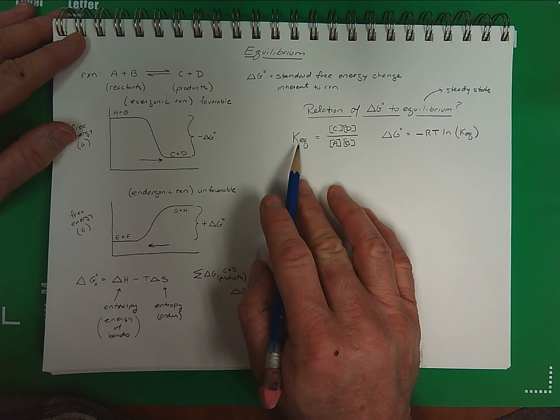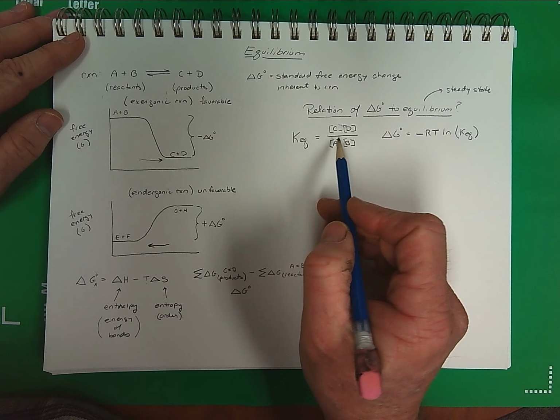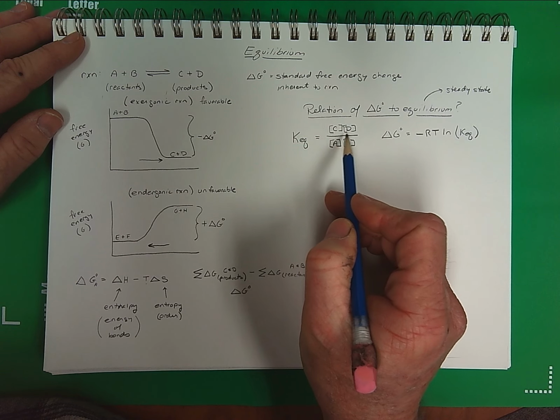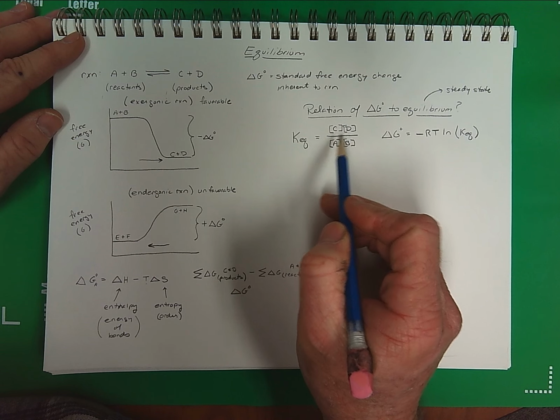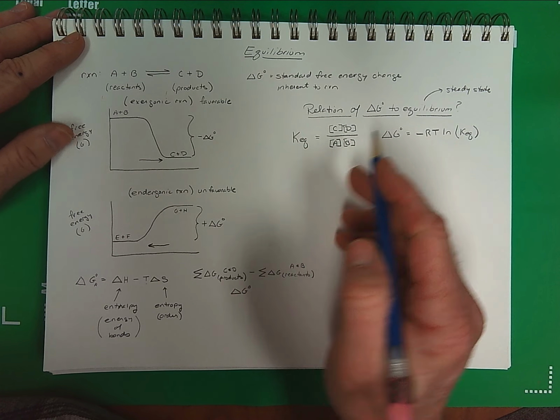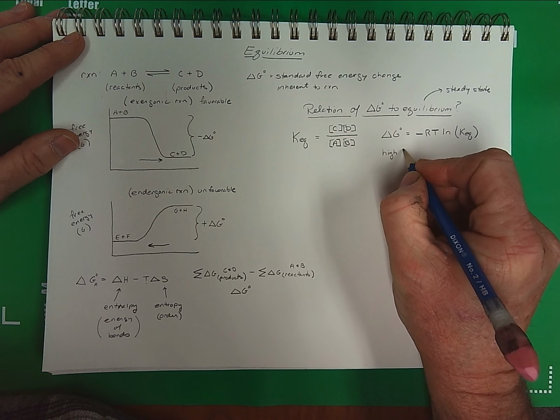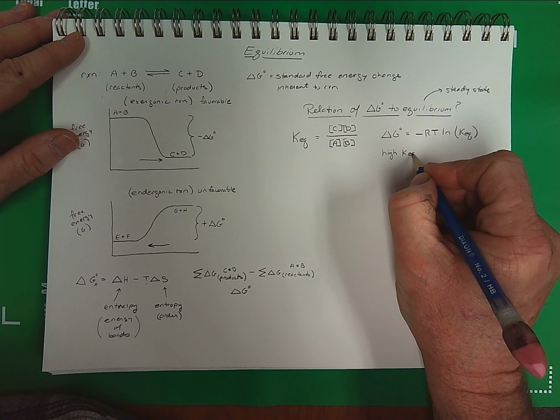Now if we examine our equilibrium constant, if we have a very high concentration of C and D, our products, and a low concentration of A and B, our reactants, that means we are going to have a very high equilibrium constant.